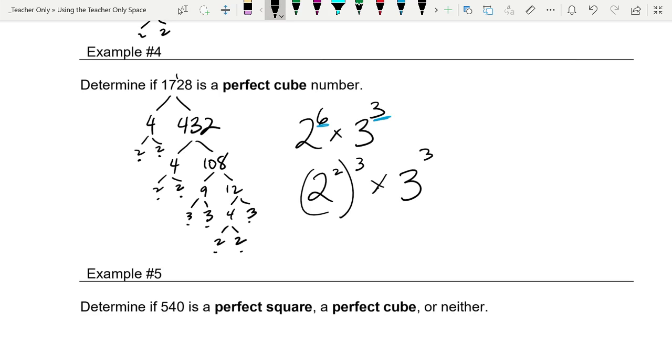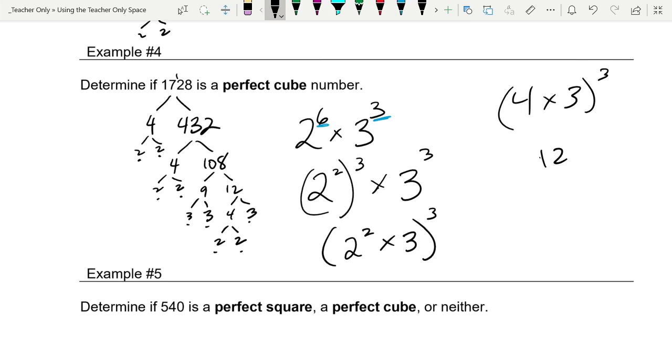There, that's better. It's 2 squared cubed, right? So if it's 2 squared cubed times 3 cubed, put that all into one big bracket, and it's 2 squared times 3 all cubed. So it is 4 times 3 cubed, which is 12 cubed.